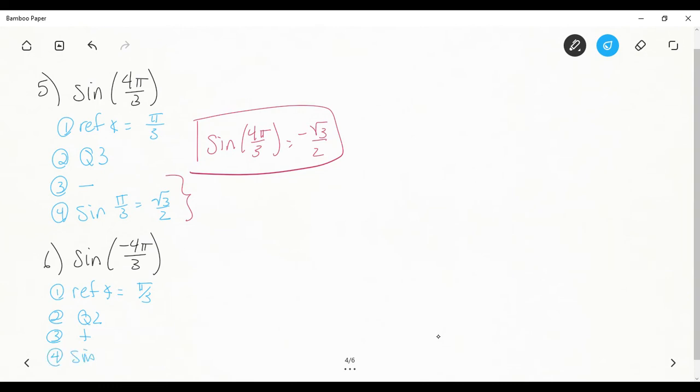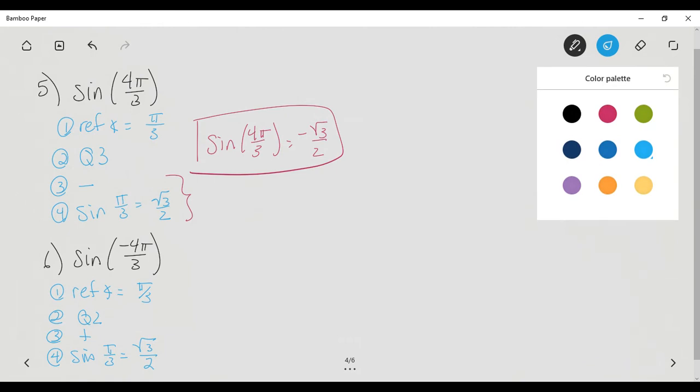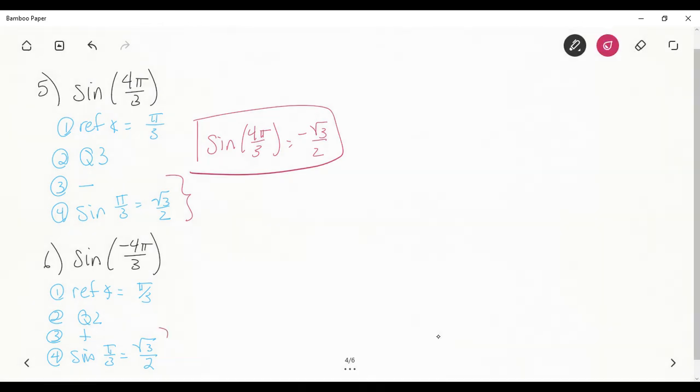So the sine of pi over 3 is equal to root 3 over 2. So when we combine that with our positive, we end up with a sine of negative 4 pi over 3 equal to root 3 over 2. Sine and cosine do not behave the same.